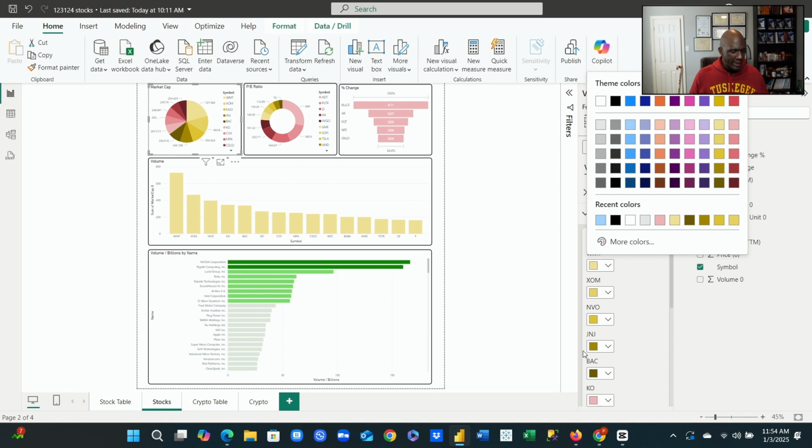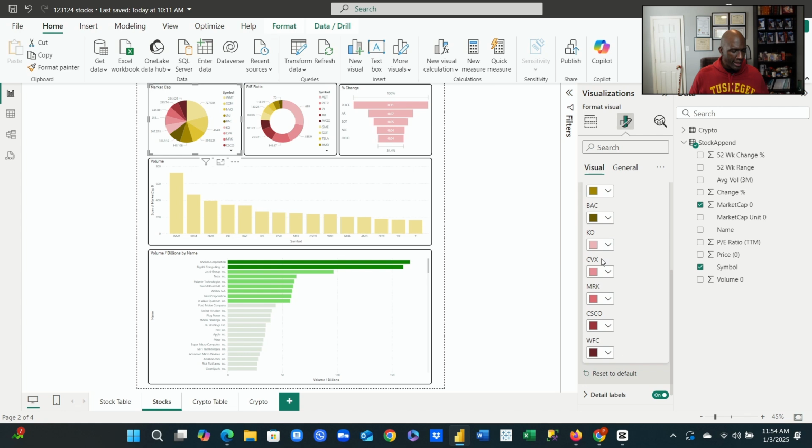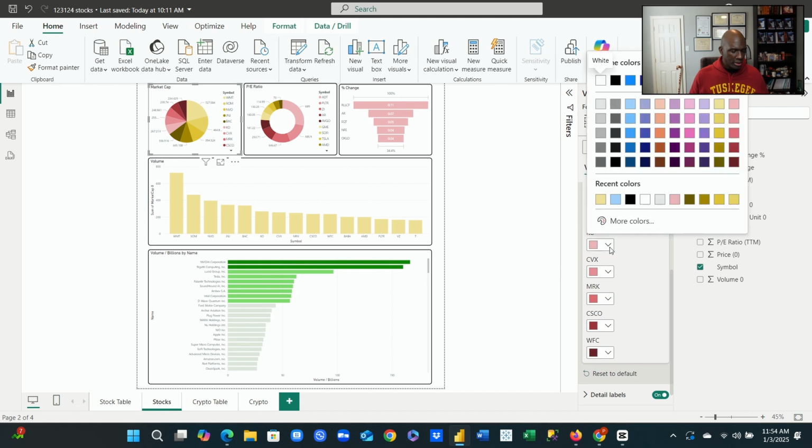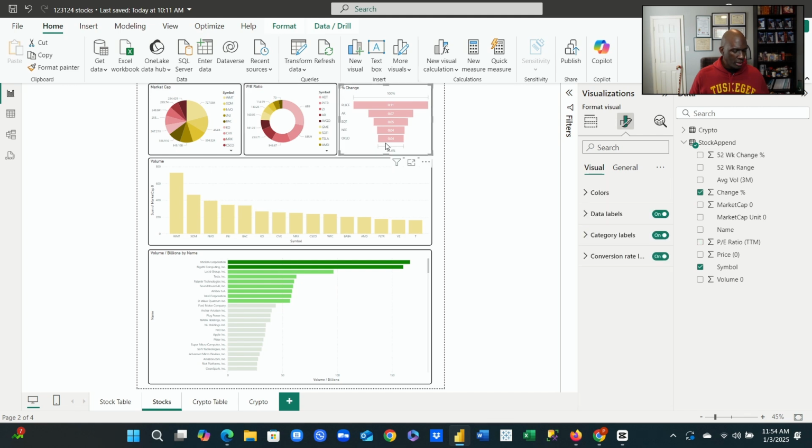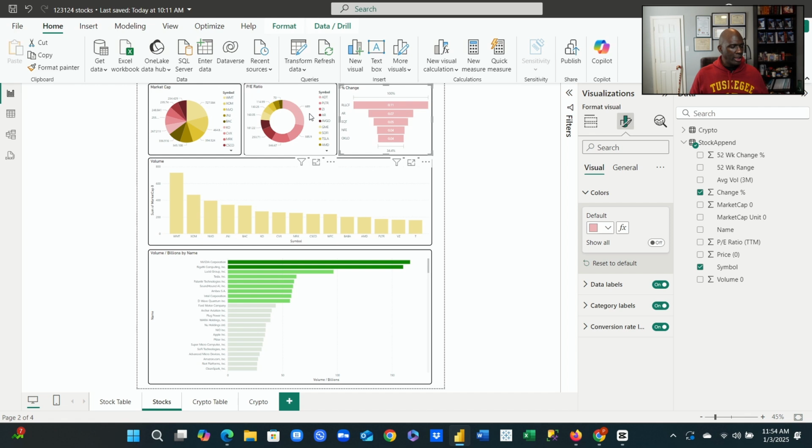Once I got down to the end and couldn't select any more colors, I got to this color scheme here, and I just went over to the last row and selected colors again. Then I did the same thing in the donut chart, and in the funnel chart, I chose the color that was used over here, and I said, hey, I'm going to keep it within the family.